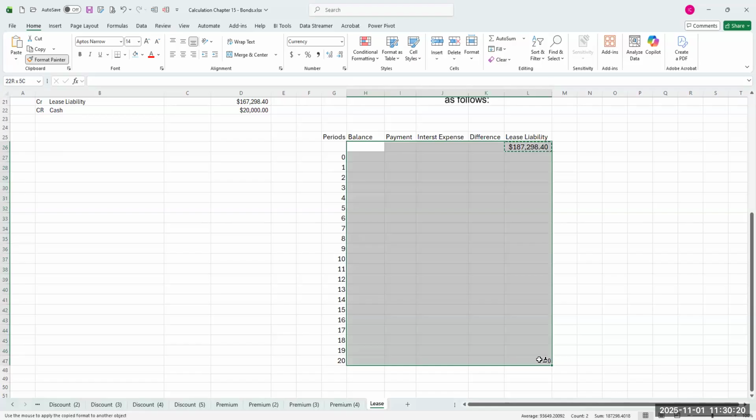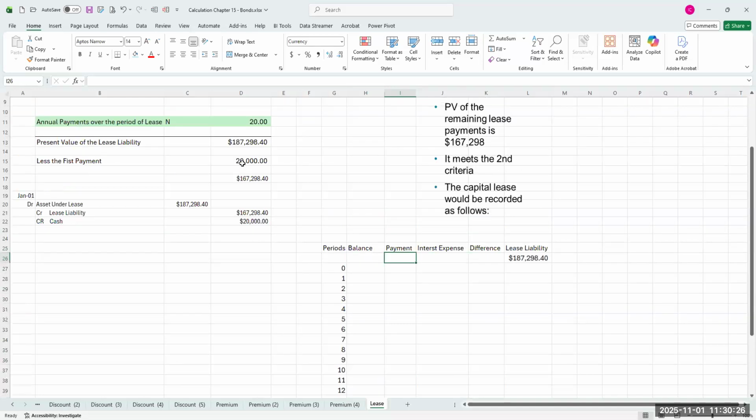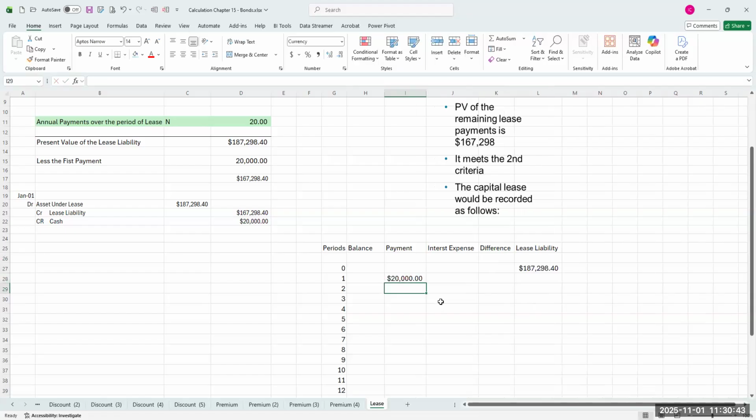You shouldn't be questioning this logic. Now, the payments over the lease, we have to pay exactly the same amount every period. Every period, we have to pay 20,000. Make sense?